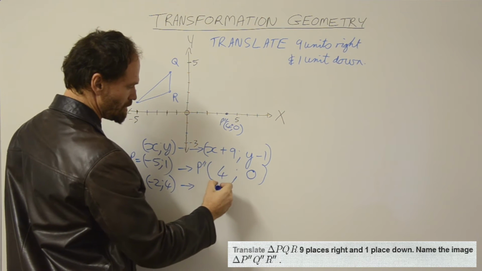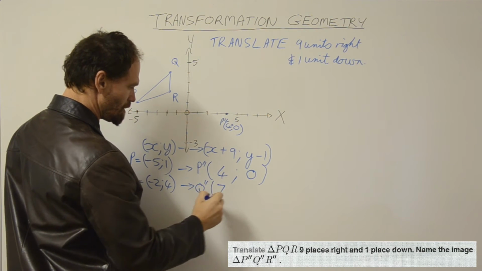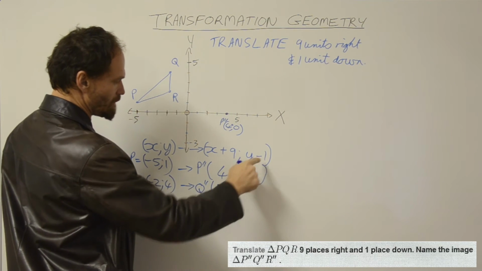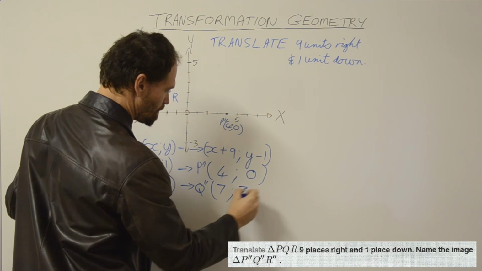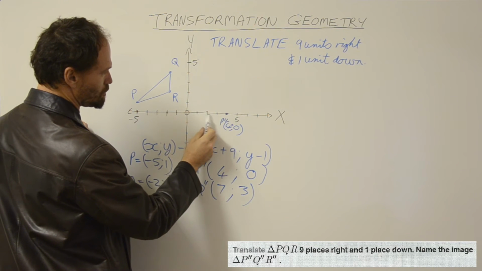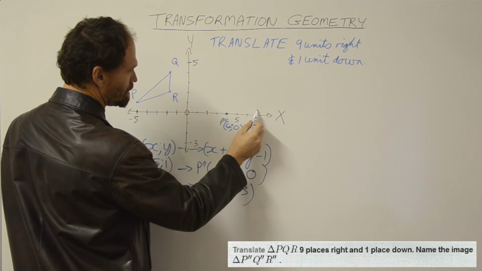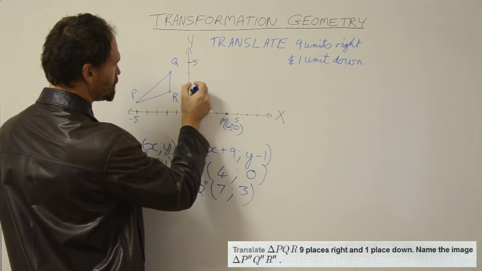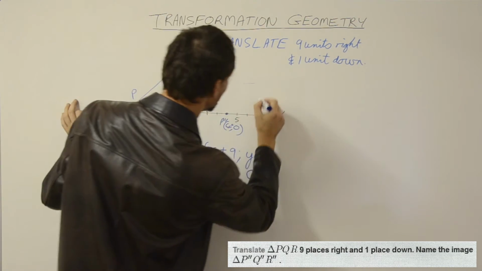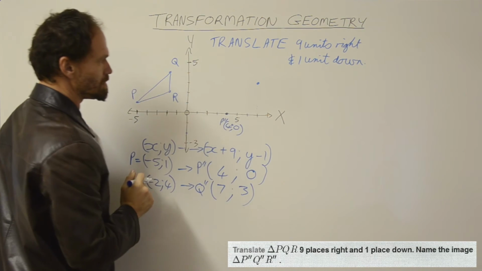Negative 2 plus 9 is 7, so my Q double prime is 7, and 4 minus 1 is 3. So I can go plot that point 7 and 3. I count 1, 2, 3, 4, 5, 6, 7 and up to 3. So 7 and 3. There it is.